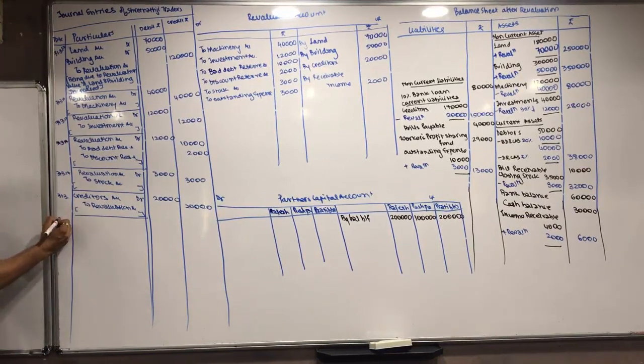In journal we have to pass two separate entries. We cannot combine over here.